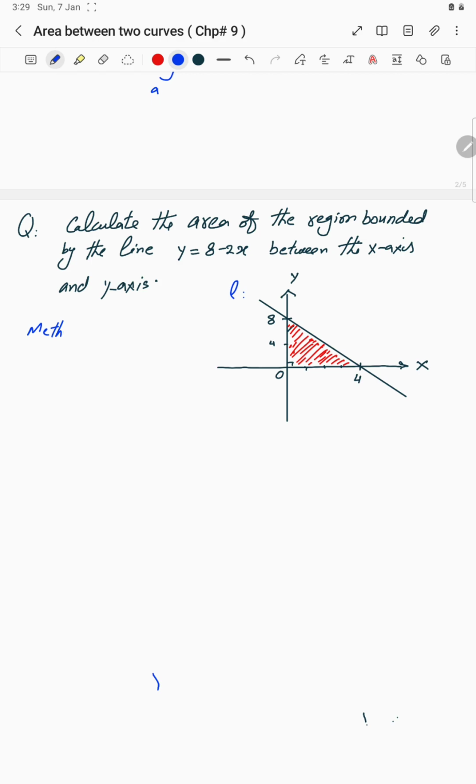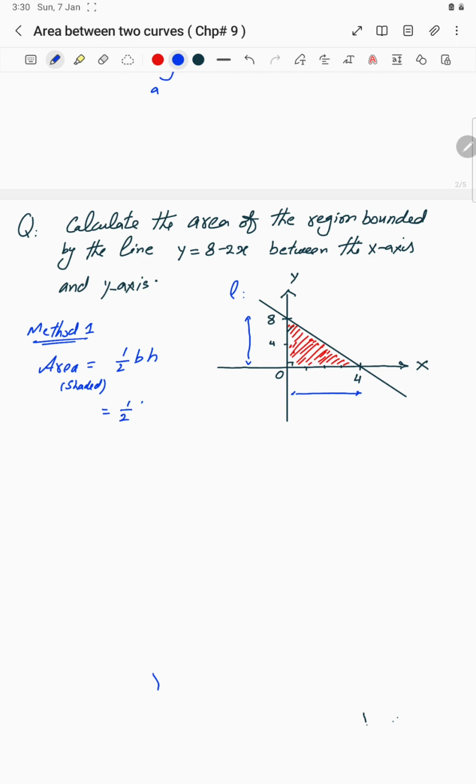There are two different methods for this question. Method one says the area of a right angle triangle, the shaded region, is half base into height. Here the base is 4 and the height from the origin is 8.